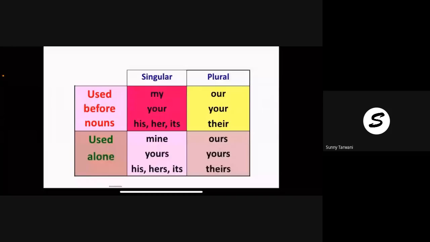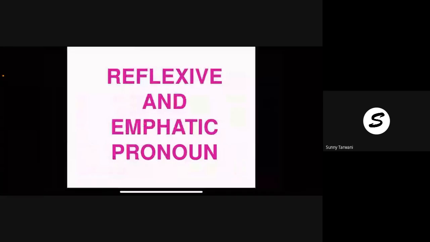Now, reflexive and emphatic, very important. This is new for you. Reflexive pronouns and emphatic pronouns, very important. Now, who will read? I read. Now you have got chance. Let me see who others want to read. No one else is present mentally. See, Sufyan, Shabar, all are absent.